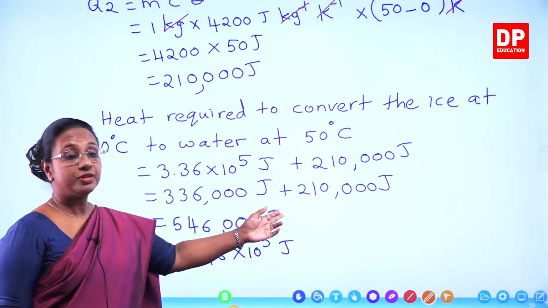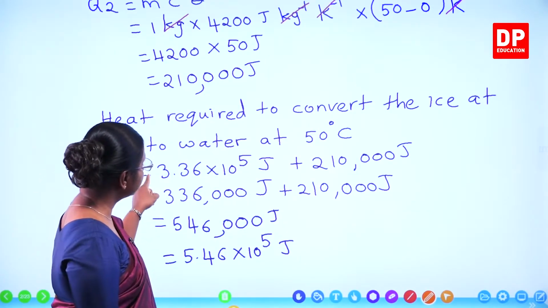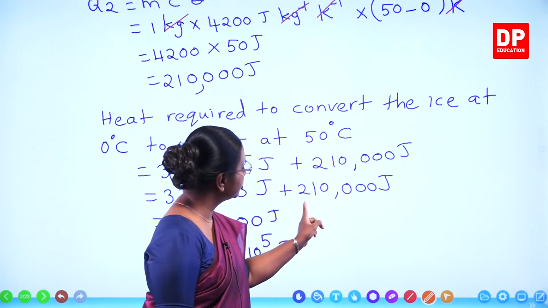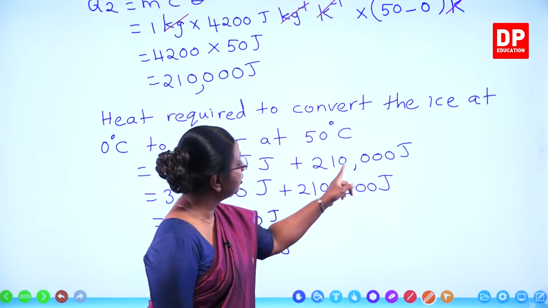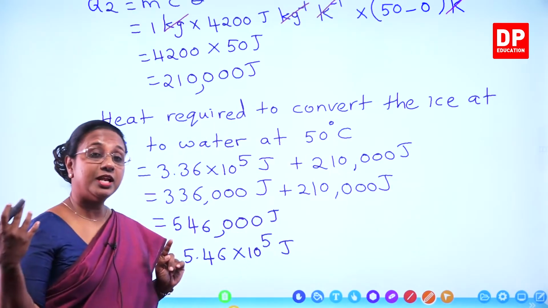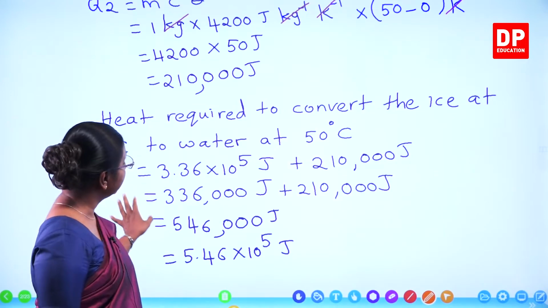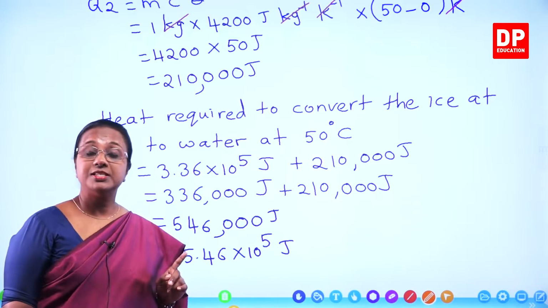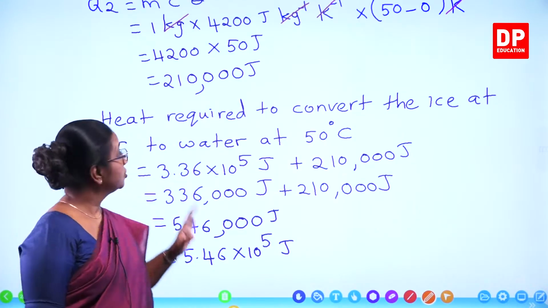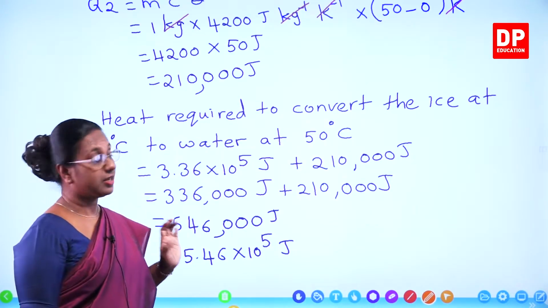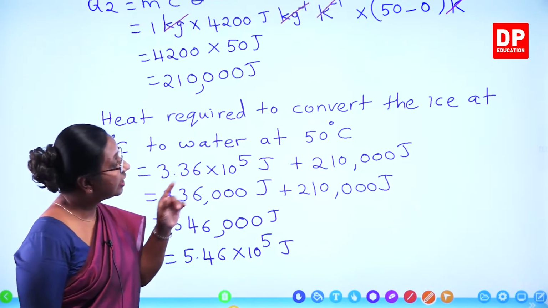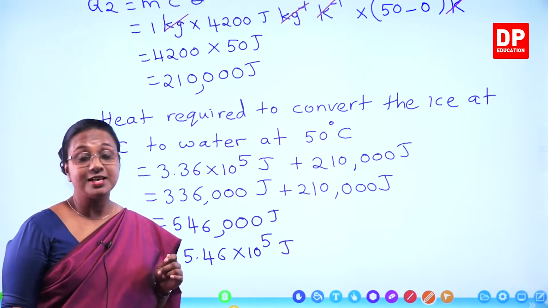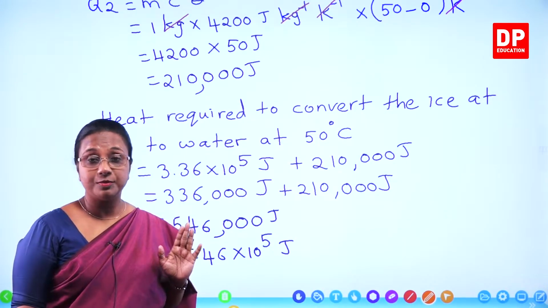So here also, students, instead of converting this to 336,000, you could have even converted this to 2.1 into 10 to the power of 5. So you have the 10 to the power of 5 as the common factor, and you can add the two values. You will get the answer as 5.46 into 10 to the power of 5 joules. So that is the total amount of energy or the heat required to convert the ice at 0 degrees Celsius to water at 50 degrees Celsius. And that is for 1 kilogram of ice.